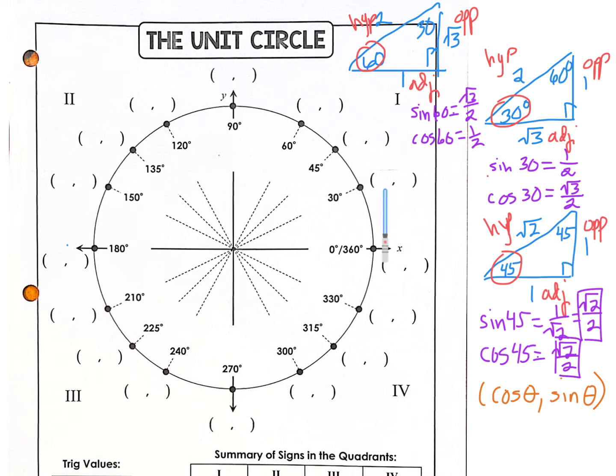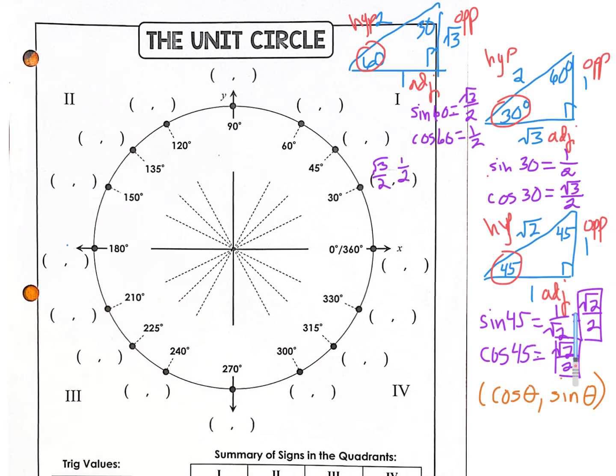For 30 degrees, cosine is radical 3 over 2. And then my sine, which is my y value right here, is going to be 1/2.